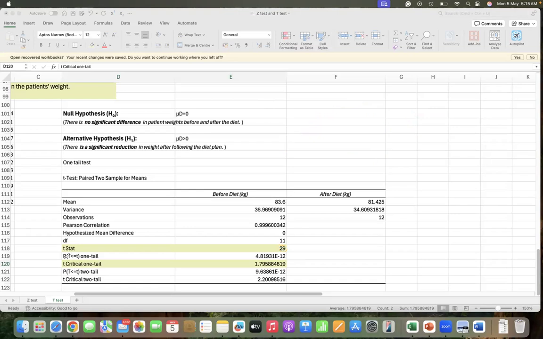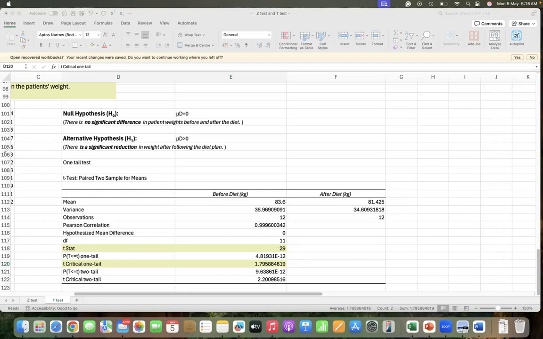Okay. Now let us come to the another conclusion through p-value. P-value through one tail is 4.81, again it is minus 12. So it is 10 raised to the power minus 12. So it is very, very less. I mean, almost equal to 0.0001%.